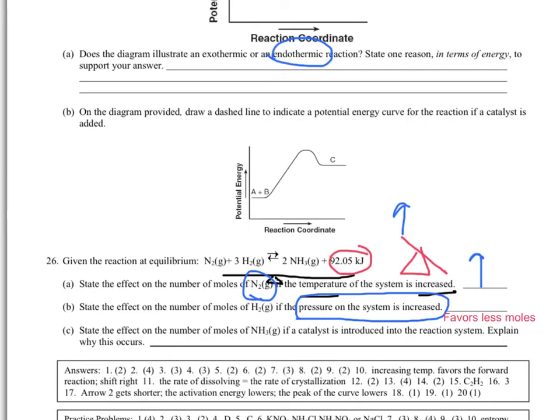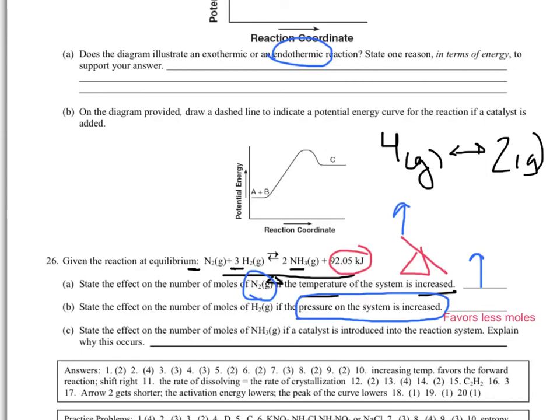To do that, we're going to sum the coefficients of the gaseous substances. So on the reactant side, we have 4 gaseous substances. And on the product side, we have 2 gaseous substances. So 2 is lower than 4. So when we increase pressure, we're going to favor the lower number, the 2.